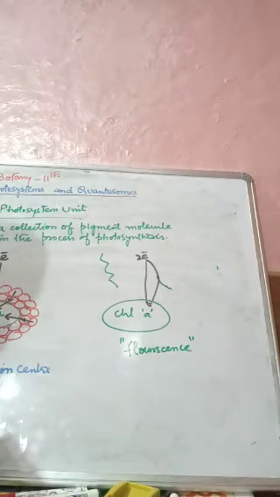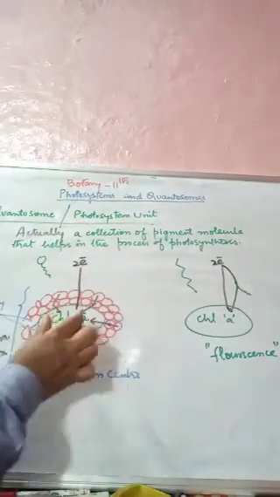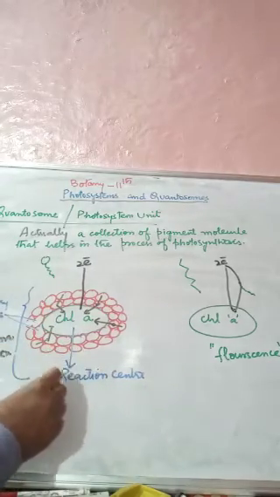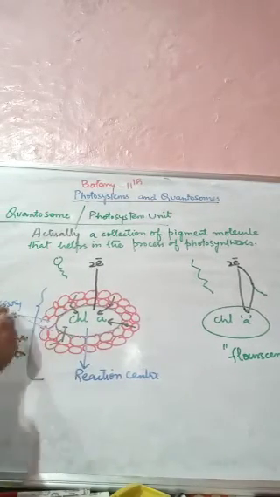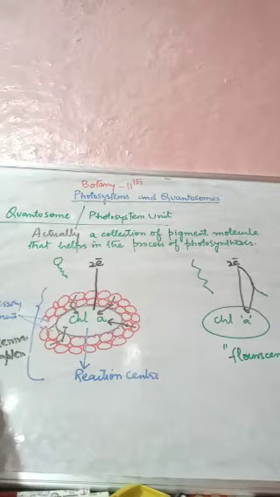So in this case, we have the complex, the reaction center, and the accessory pigments, and the whole structure is called the antenna complex.